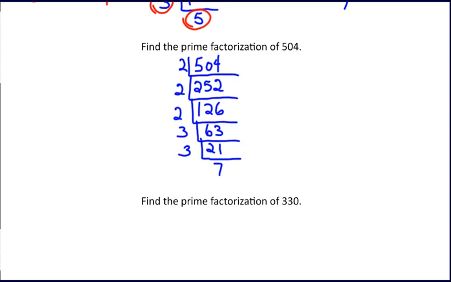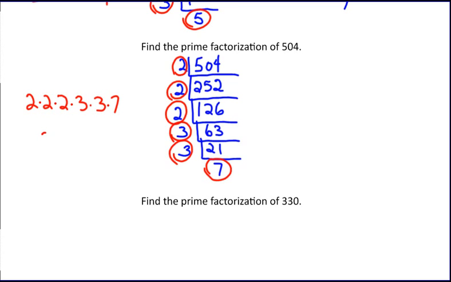So the prime factorization of 504 will be 2 times 2 times 2 times 3 times 3 times 7. And again, if I write it in as compact a way as possible, I will have this as the prime factorization of the number 504.